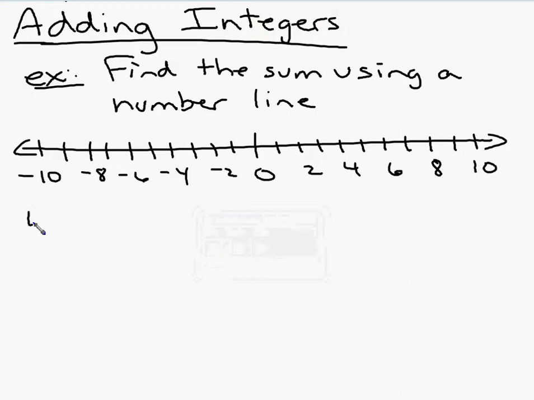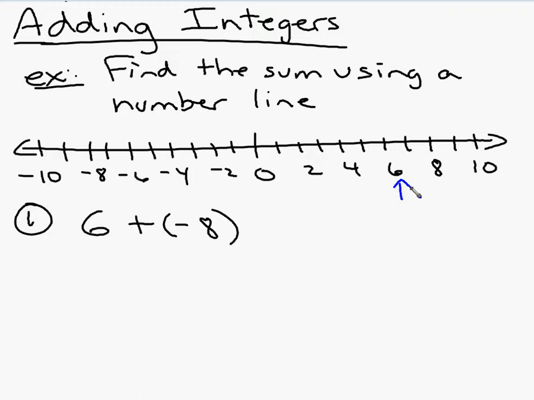So let's say we're going to start with this problem. 6 plus -8. And I'm going to explain this problem both with the number line and with the hole illustration so that we can understand it. If I have 6 plus -8, and I'm using a number line, I start here at 6.